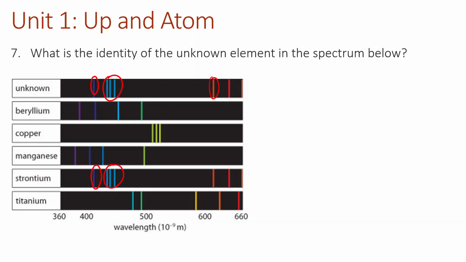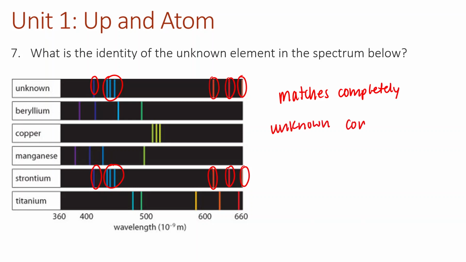We've got a red-orange and then some red emissions as well. So because this matches completely, we know that the unknown is going to contain this strontium.